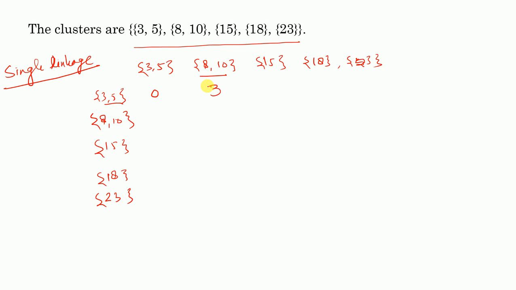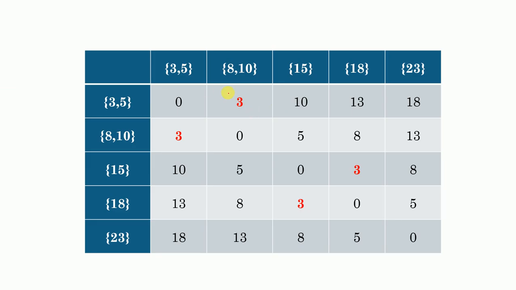If you write the program, then we need to calculate all these distances, then select the minimum distance. So here I have directly written this is 3. Similarly here 5 and this is 10 and so on. Here I show you the matrix and these are the distances. So here the minimum distance is 3. Look at this, 3 appears here two times. Okay. It means now these two clusters will be merged.